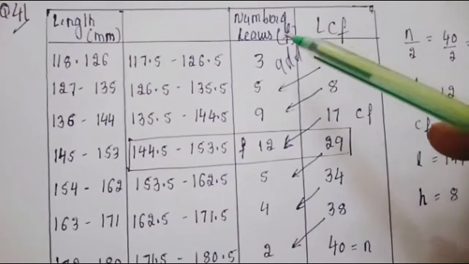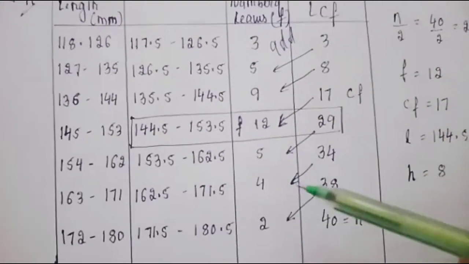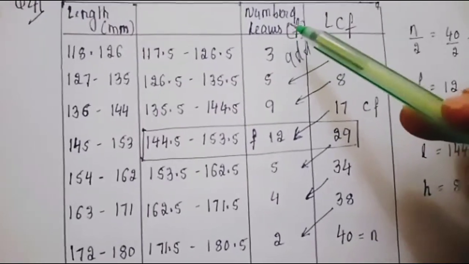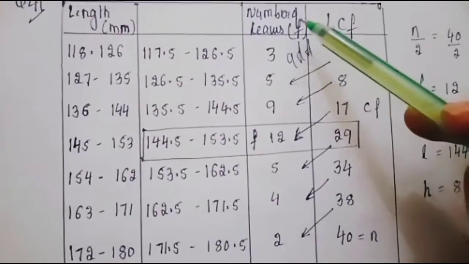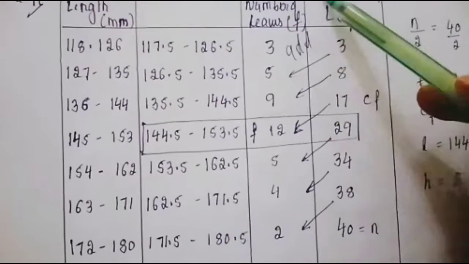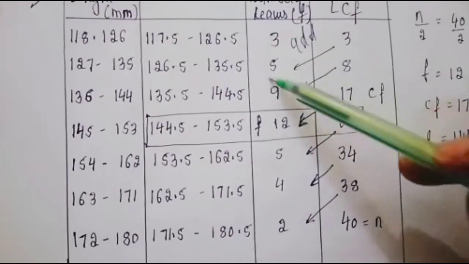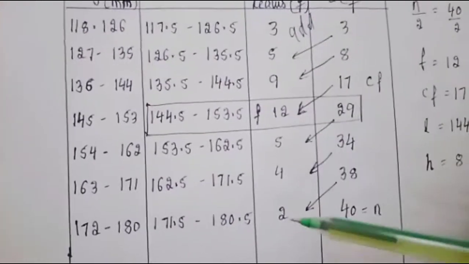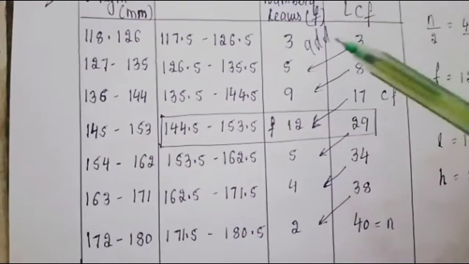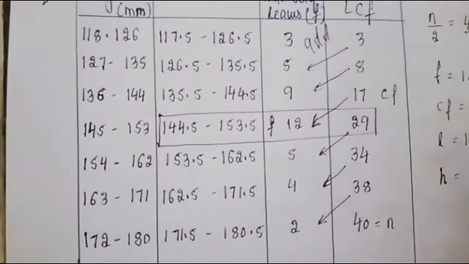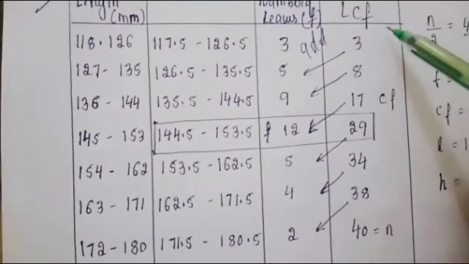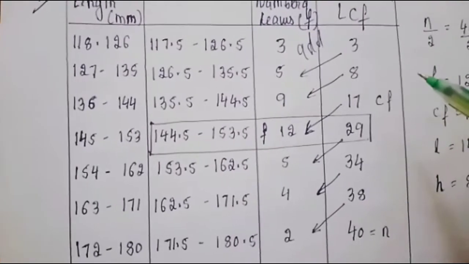Now given is the number of leaves, that is frequency. As I said in the previous video, observe the column, because they won't mention in the column whether it is F or LCF. They just give the number of leaves. If the number of observations are randomly given, not in any ascending or descending order, it is understood that it is F. Now this is F. Compulsorily I should find the less than cumulative frequency to find the median class.